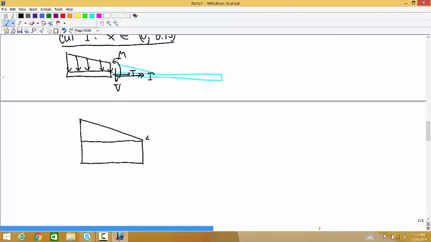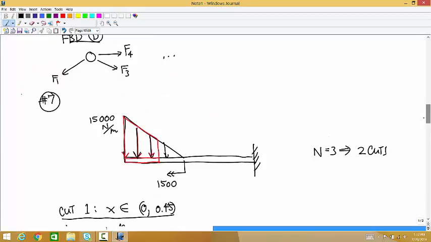This side over here, the height is represented by the function for that line. So the equation for that line, this is our q of x. That triangular load drops a total of 15,000 over a distance of 0.45, and it has a y-intercept of 15,000.